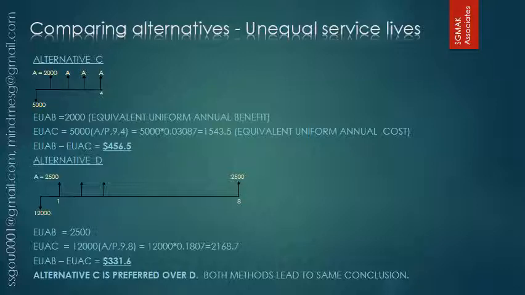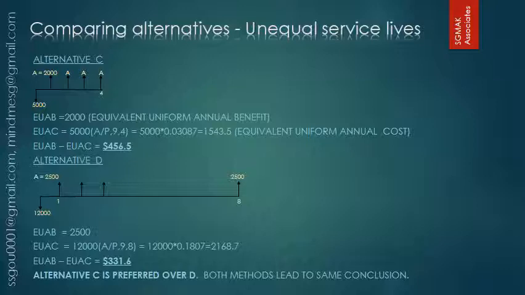That is 5,000 times A over P, 9% and 4 years. Use the capital recovery factor here. That comes out to be $1,543.50. So on an annual basis for alternative C, we have a uniform benefit of $2,000 at the end of each year and a uniform cost of $1,543.50 at the end of each year. So the difference is $456.50. That is the net earning, or net profit, from this alternative at the end of each year.